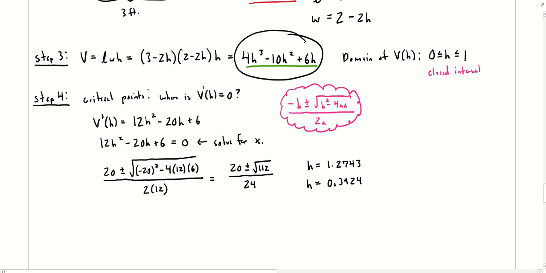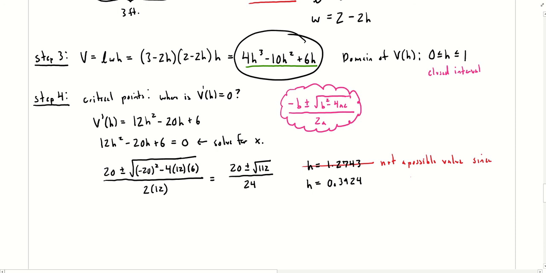Now I get two values of h, but if I remember the domain for this particular physical example, h has to be between 0 and 1, 0 and 1 included. So I can actually exclude this value, because for the physical constraints of this example, h has to be between 0 and 1.